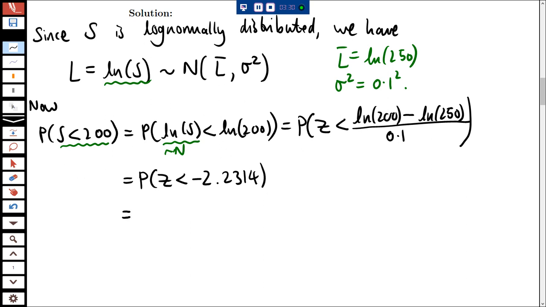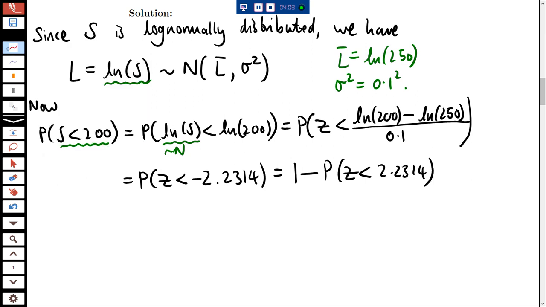Okay, our tables don't give us the full picture. We don't have the negative values, so we need to state an equivalent probability with positive values. So we're going to write this as 1 minus the probability that Z is less than 2.2314.